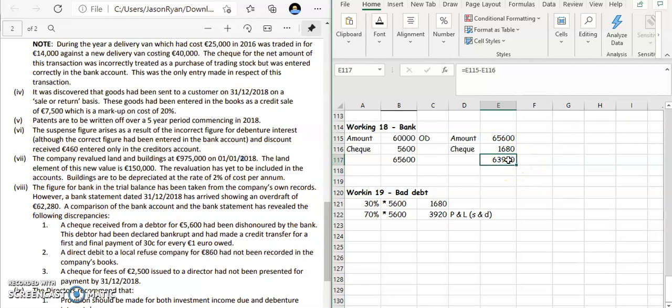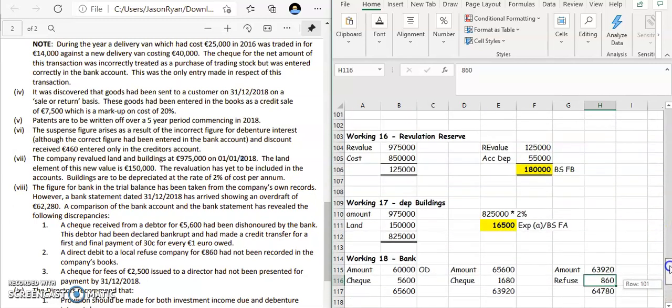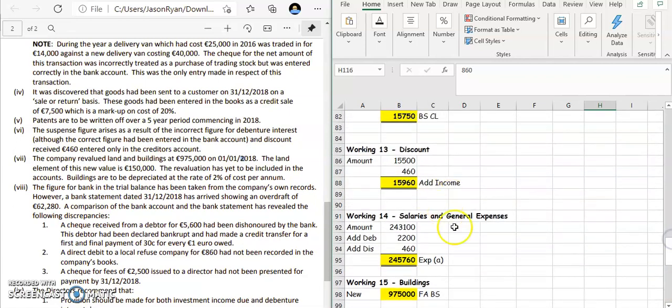And then the last part tells us that a direct debit to the refuge company for 860 had not been recorded in the company's account. So we have the amount, which is 63,920, and refuge, which is 860. That's going to make our overdraft go up because there's more money coming out of our account. So our bank is going to be 64,780, and then that 860 also goes into your salaries and general expenses, which is here.